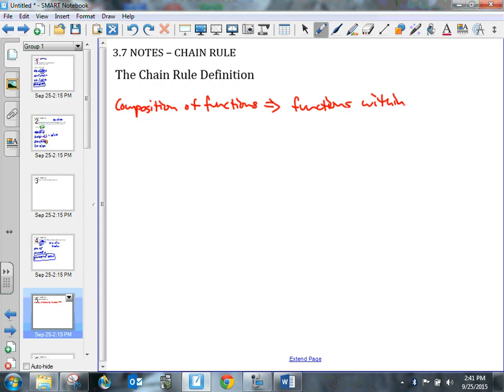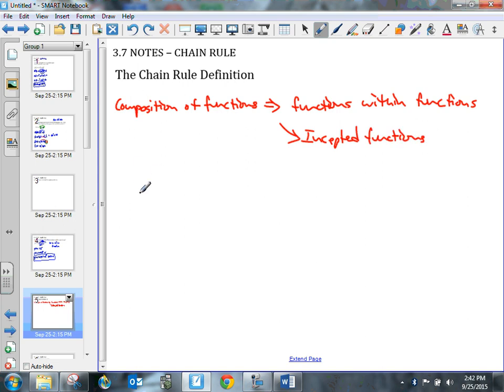If you've seen the movie Inception, you may think of dreams within dreams. When you have compositions of functions, those are functions within functions. So they're incepted, sorry, let me write incepted functions: functions within functions.